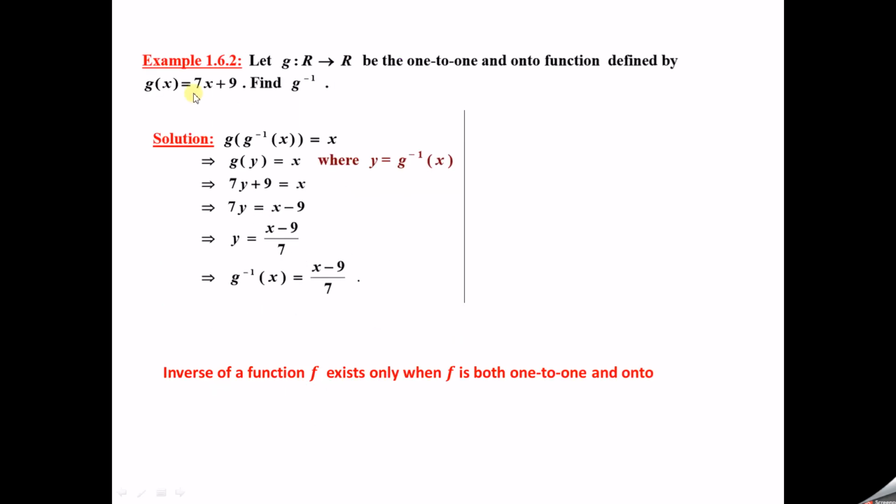Let us see another example. Let g be a function from R to R which is one-to-one and onto, defined by g(x) equal to 7x plus 9. Find g inverse. In the same way, we first take the condition, because if g is a function and g inverse is its inverse function, then it is always true that g circle g inverse is identity.